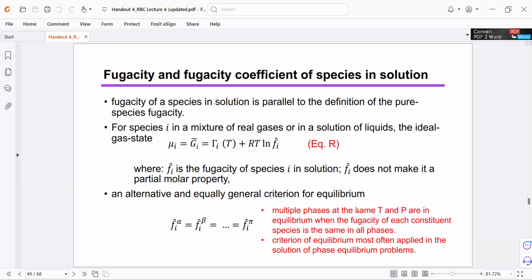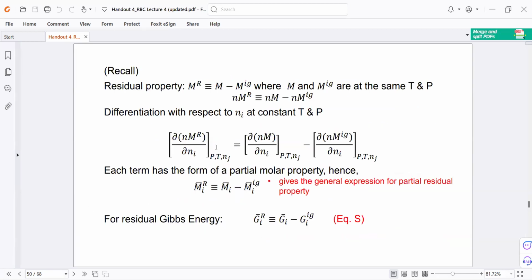So take note that we're talking about the condition of same temperature and pressure when the fugacity of each constituent species is the same in all of the phases. And this criterion of equilibrium is most often applied in the solution of phase equilibrium problems.